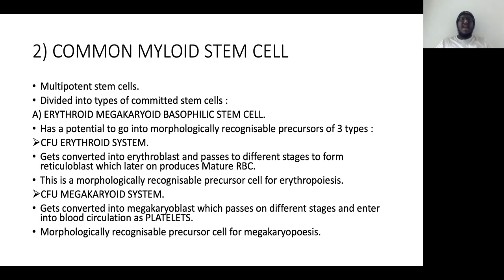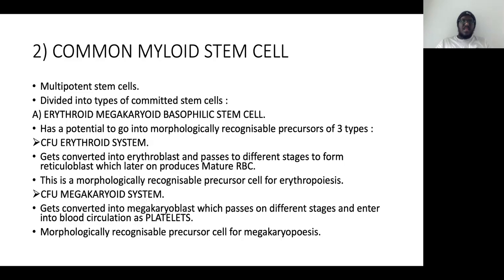Next is the common myeloid stem cell. It is a multipotent stem cell divided into a few types of committed stem cells: erythroid, megakaryoid, and basophilic stem cells. It has the potential to go into morphologically recognizable precursors of three types.